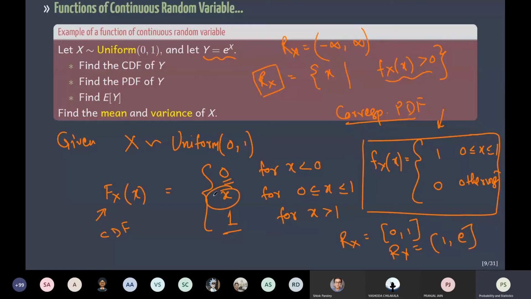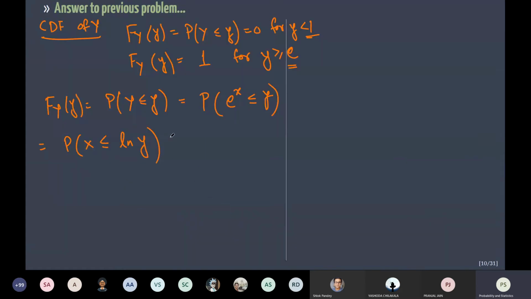The uniform CDF is just x. That's the same as the argument you are talking about, right? So hence this will be equal to F_X of the natural logarithm of y.